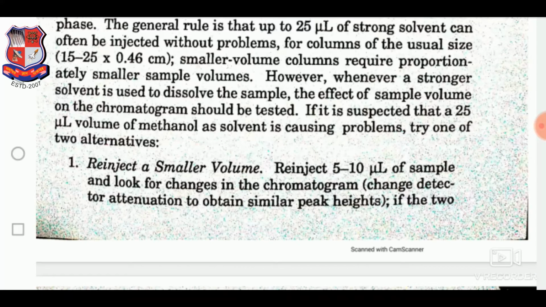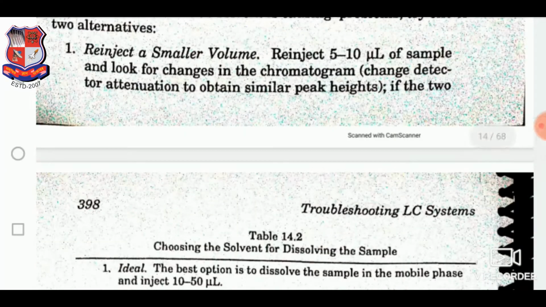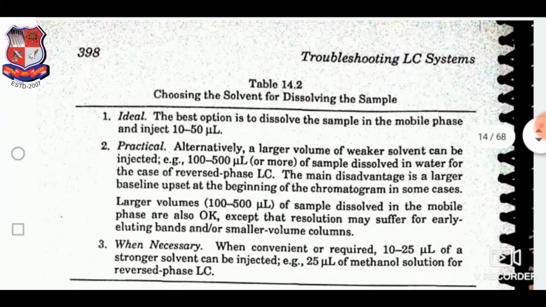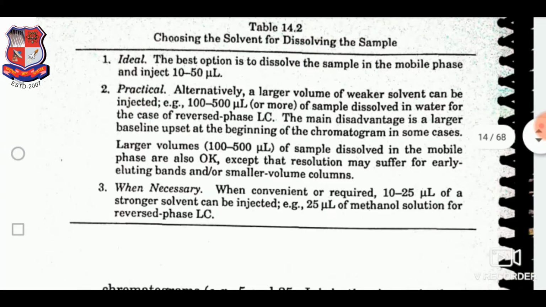One is to re-inject a smaller volume, meaning 5 to 10 microliters, and look for the changes. Ideally, the best option is to dissolve the sample in the mobile phase. That is the ideal solution.